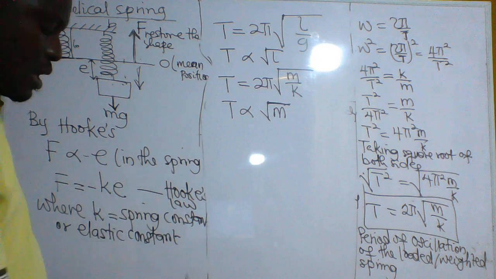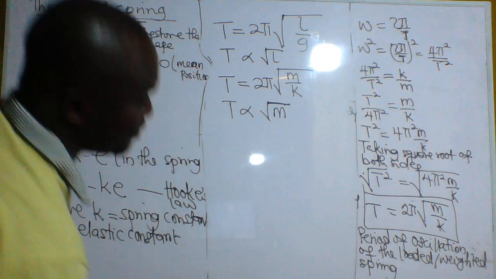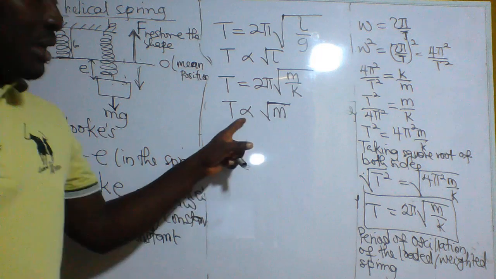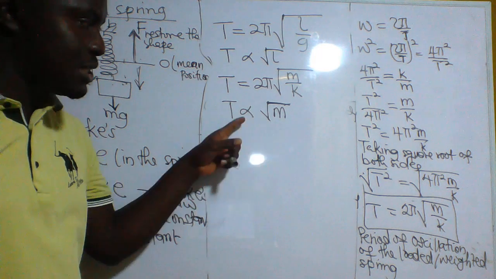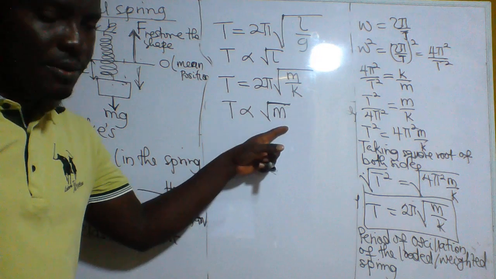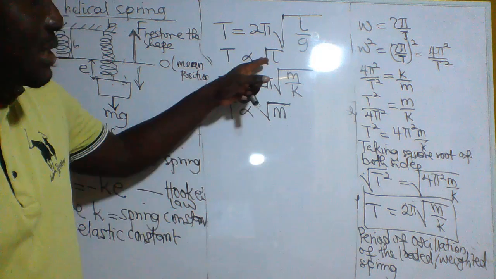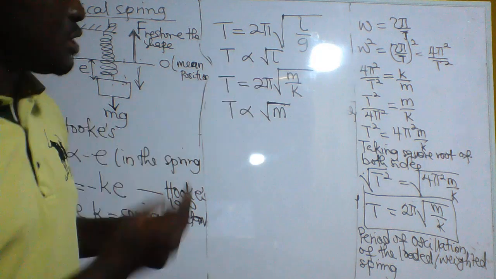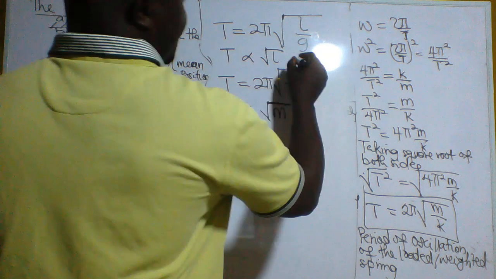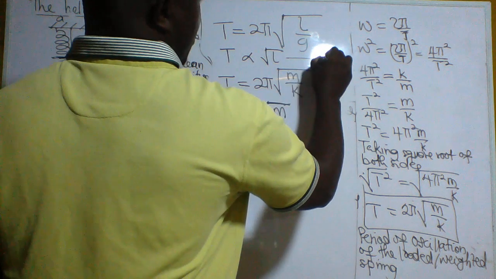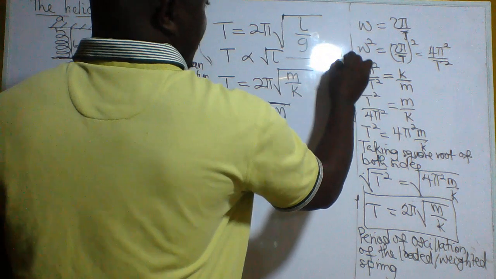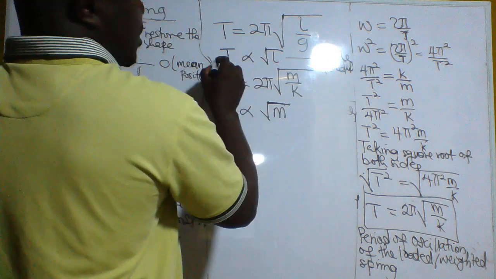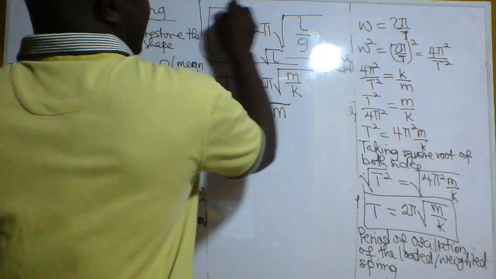So this is what the period of oscillation of a loaded spring depends on. It depends on the square root of the mass, just as the period of oscillation of a simple pendulum depends on the square root of the length.